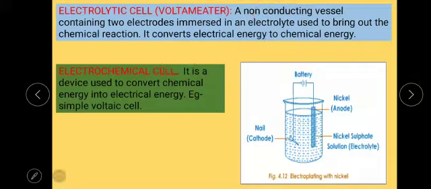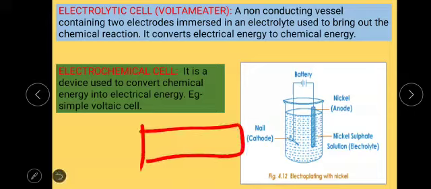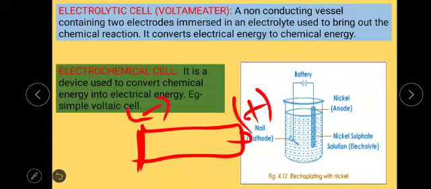If you take an ordinary cell, which we normally use at home, in torches and remotes, we are using various types of cells, and on one side you will find a small projection here, and the other side is quite flat, and that flat side normally is the negative side, and the other side is the positive terminal. And if you see this cell or a battery, we normally call it an electrochemical cell.